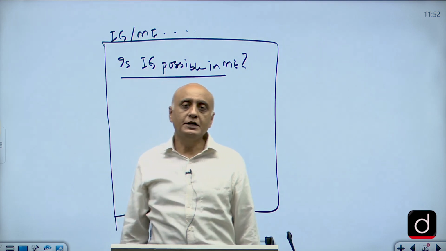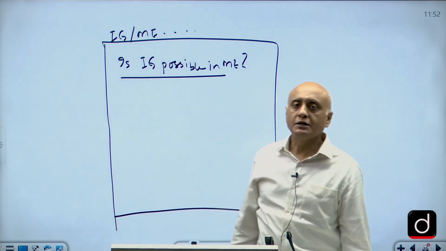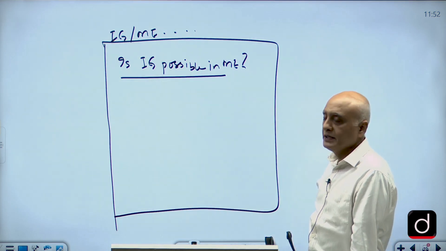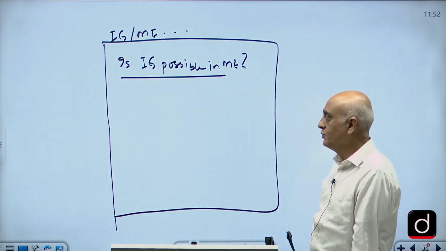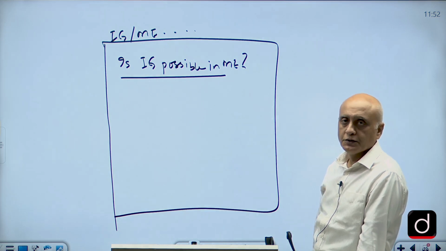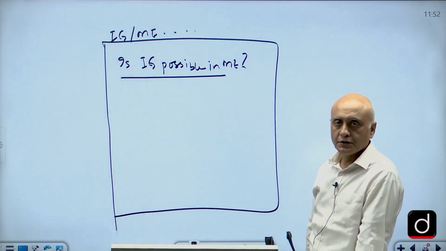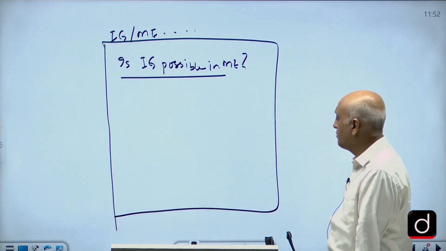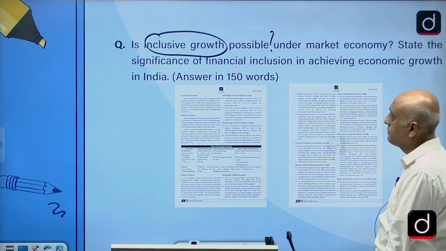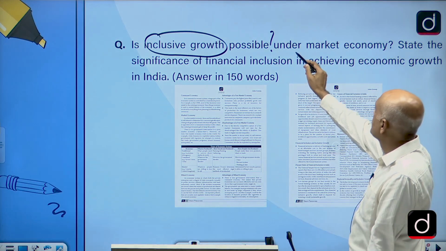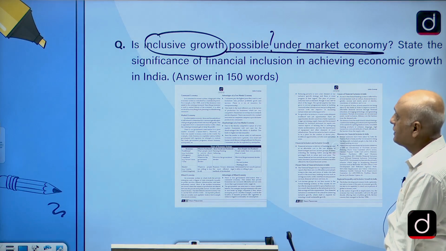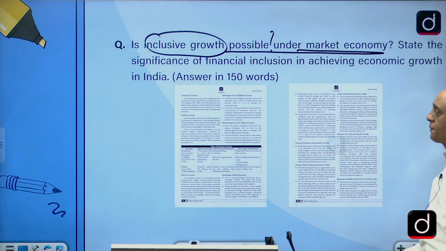You can simply start by saying that a market economy is based on profit motive, and it would be very difficult to ensure inclusive growth, which is generally a feature of a socialist economy. This can be your introduction statement, which you can borrow from the question itself.